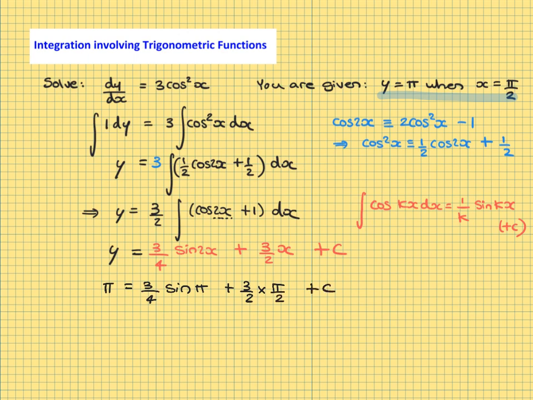Now sine of pi equals 0, so we can exclude that over there. So c is then simply equal to 1/4 of pi, or pi by 4. So we can write out that y equals 3/4 sine 2x plus 3/2x plus pi by 4.